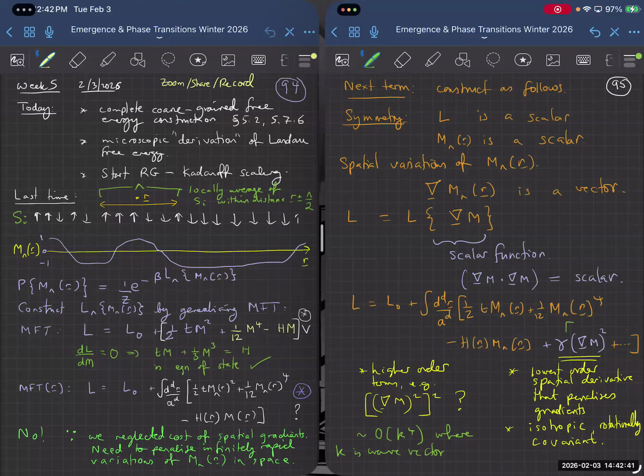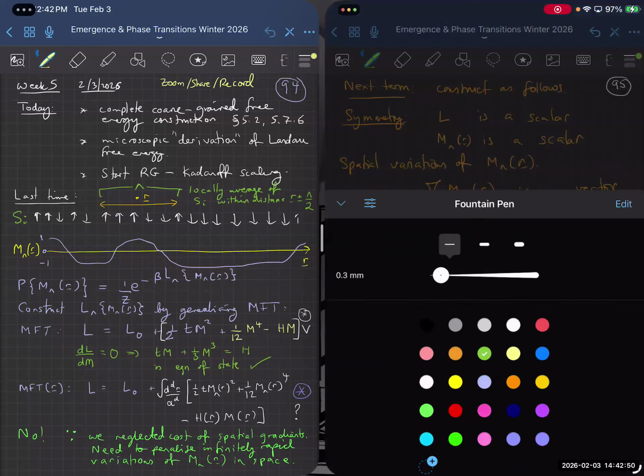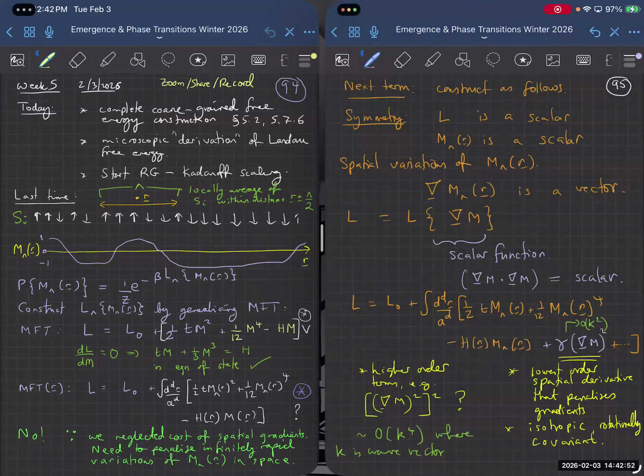This thing here is order k squared. And so in other words, the term that we've chosen is the lowest order term for a long wavelength description. And that's what we're trying to do.